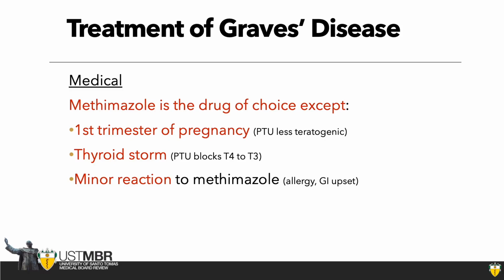It's an emergency, therefore, since it can block the conversion of T4 to the more active T3, it's preferred. Third, if you've already tried methimazole, and the patient has some allergy or GI upset to methimazole, that's the only time you use PTU. So remember these 3 indications of PTU over methimazole. But otherwise, for most of the patients, it's methimazole.